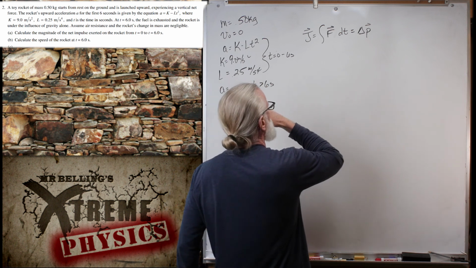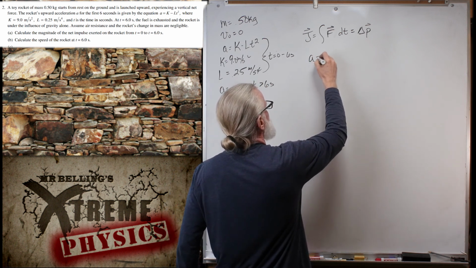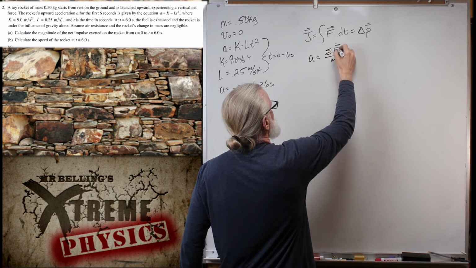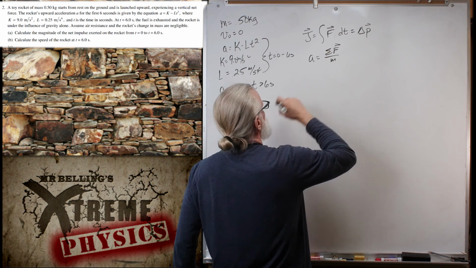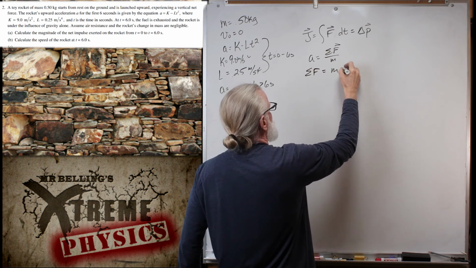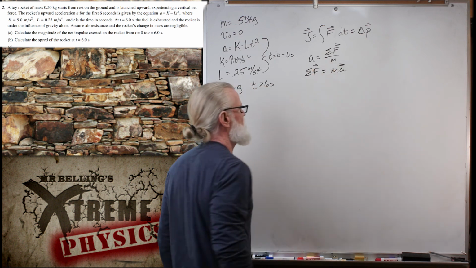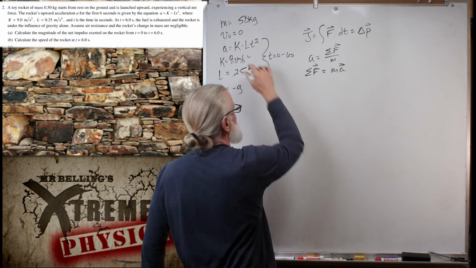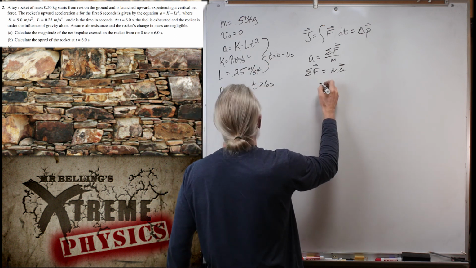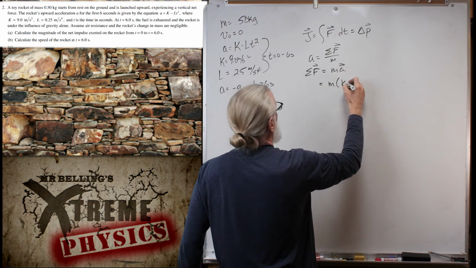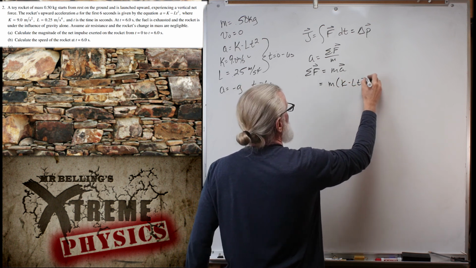We know that acceleration equals net force divided by mass, right? So therefore, net force equals mass times acceleration. Either way you want to look at that, that's cool. So in this case, it's just m times K minus L t squared.